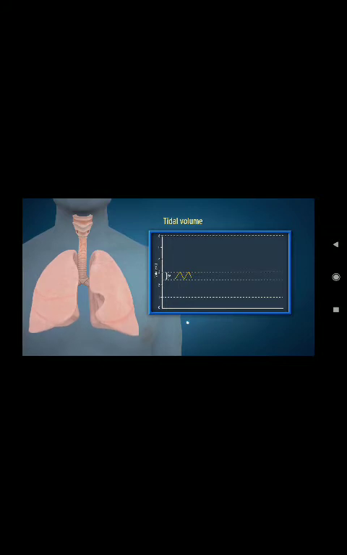In a normal adult male, it's about 500 milliliters, and in normal adult female, it is about 400 milliliters. Tidal volume decreases if there is any respiratory muscle damage or weakness, whereas there is increase in tidal volume if performing muscular exercises.